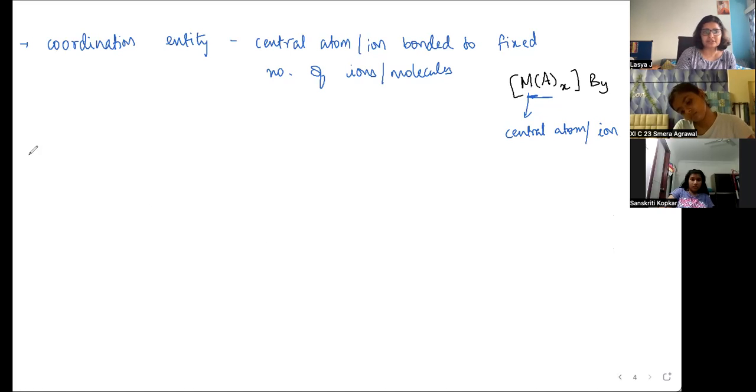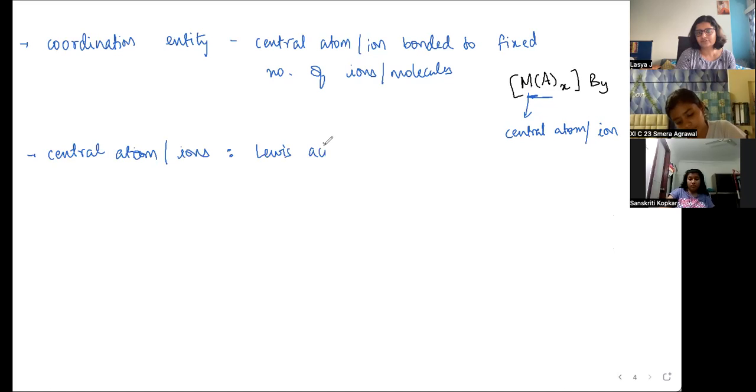An important thing about central atoms or ions is that because they are accepting electrons from the anions or neutral molecules, they are said to be Lewis acids. They act as Lewis acids because they are electron acceptors.